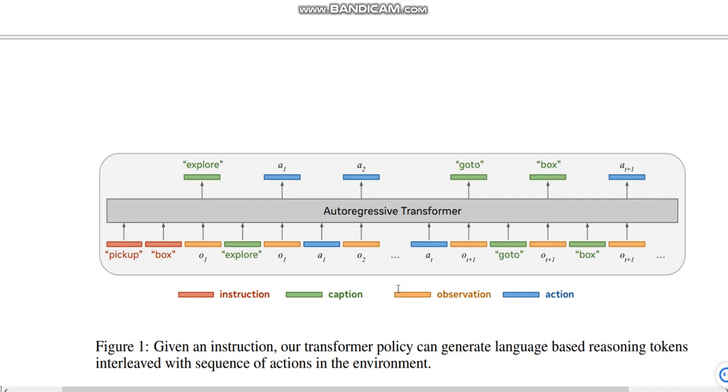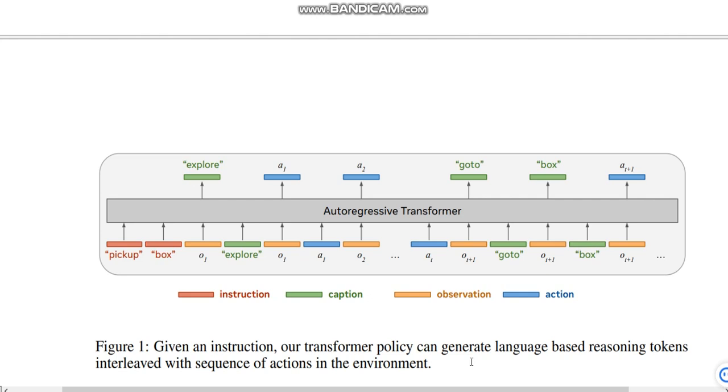A caption is given by the autoregressive transformer, and note that it has to give a caption or an action according to what is given to it, and it has to decide which one to do in a sequential manner. So it says explore.